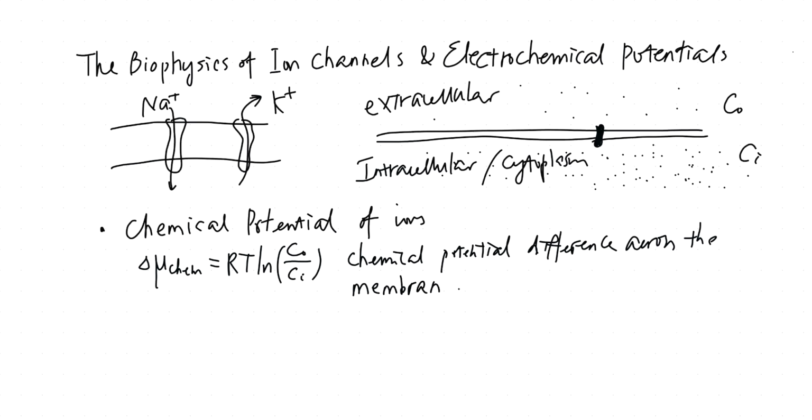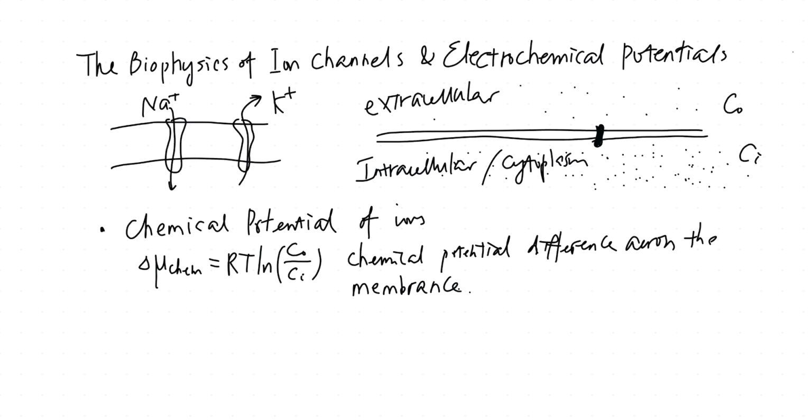That means if C naught is larger than Ci, the natural log will be a positive number, then delta mu would be positive. A positive delta mu means the chemical potential would allow ions to flow into the channel.